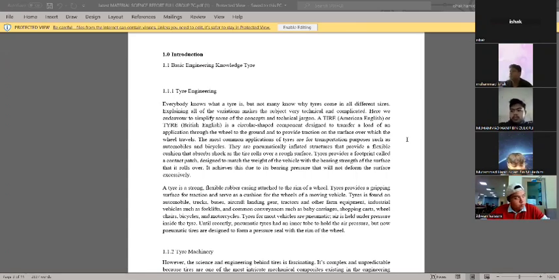A tire is a strong, flexible rubber casing attached to the rim of the wheel.